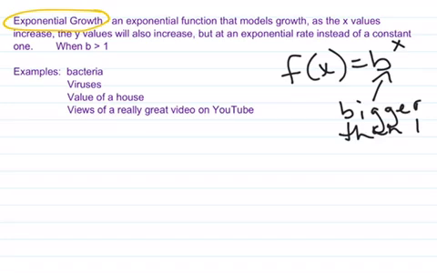But the one you probably experience all the time, though you may not be aware that it's exponential growth, is when a video on YouTube goes viral. They call it viral because viruses grow exponentially, and the views or the hits on YouTube are growing exponentially. Who knew?